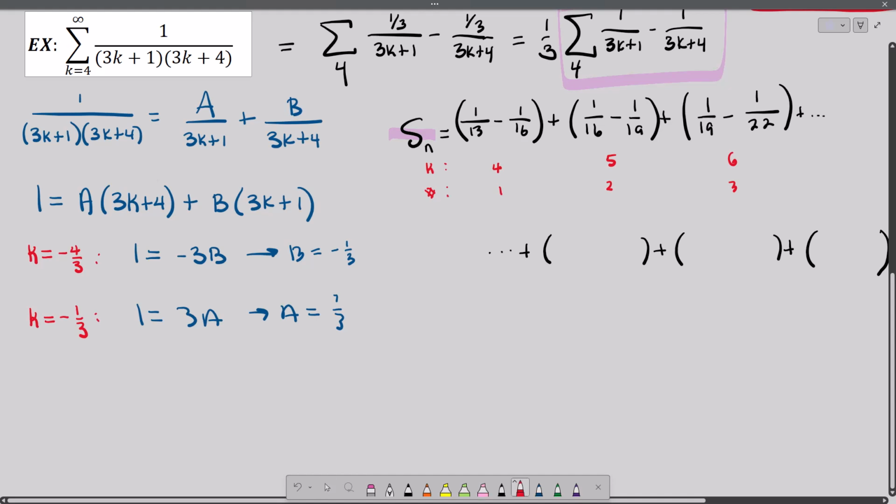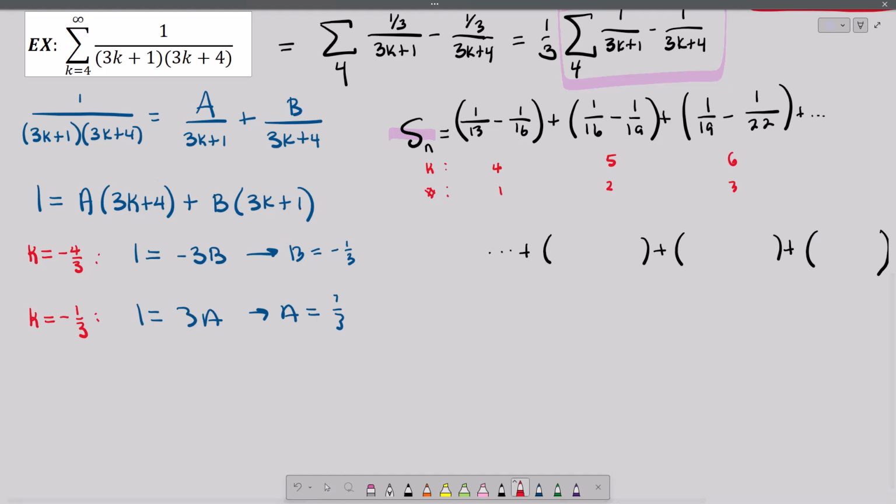So let's focus on the k values and how the term number relates. The nth term is going to be here. The term before the nth term is the n minus first term and the n minus second term. So those are the term numbers. And now the hard math, the arithmetic: we have to figure out the corresponding k values.